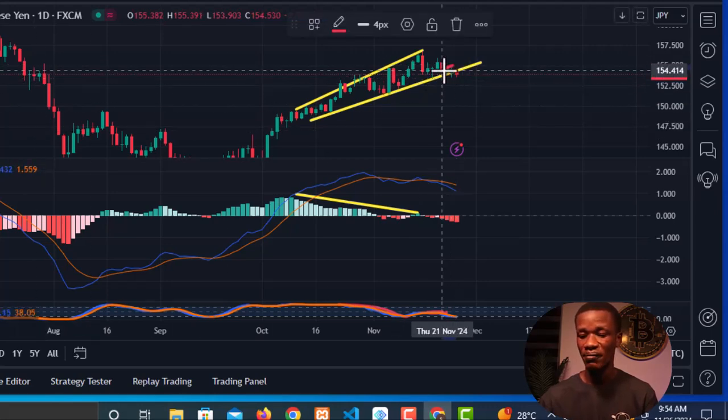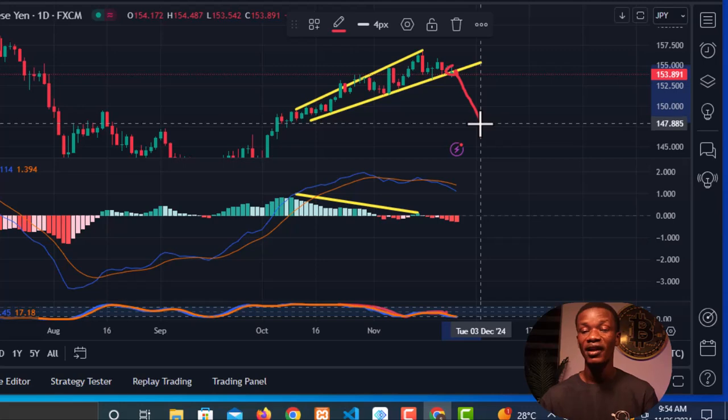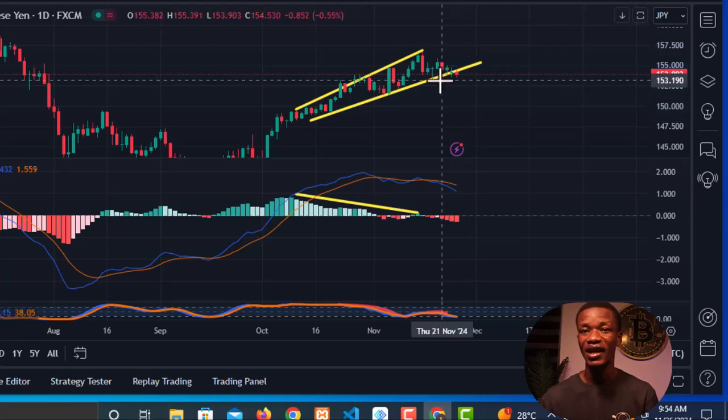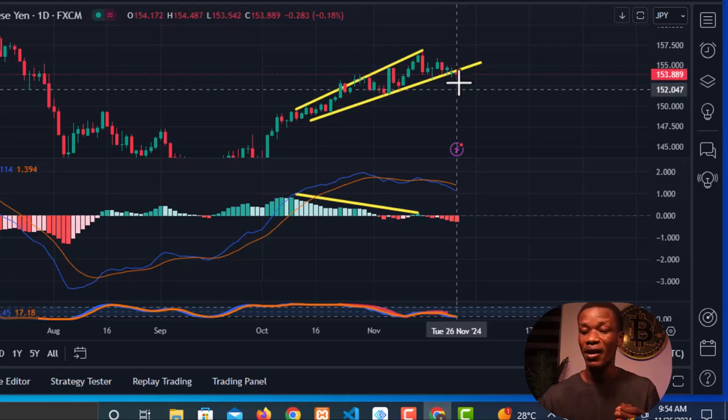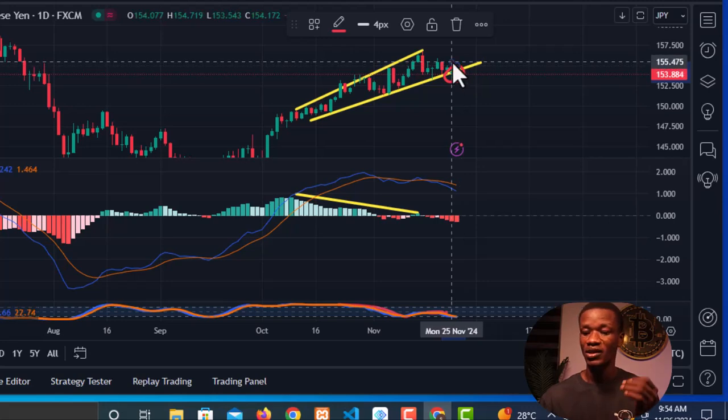Once the market breaks out significantly, it means that the market is going to come back all the way to the downside. Without a breakout of this support trend line, the divergence has not been confirmed. So we have to wait for that divergence to be confirmed by a breakout on this trend line, which is super important.